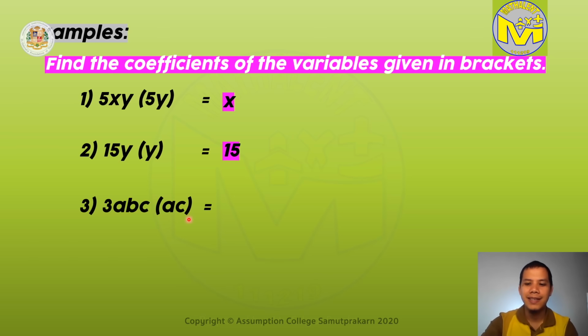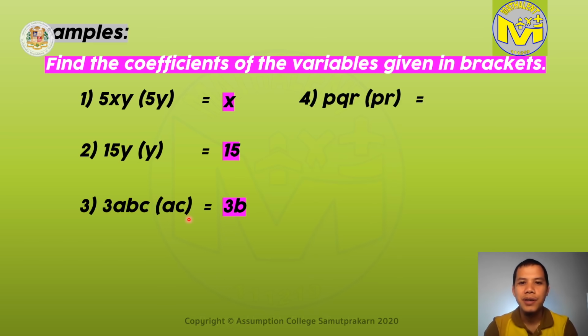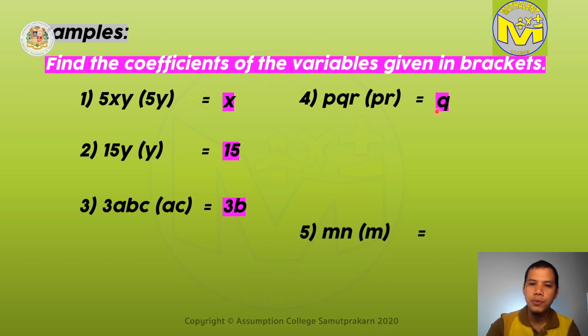Answer, it is 3b. Good. Number 4, pqr, the variable is pr. In here, p and r. Put pr in the bracket. What is left? q, right? So the coefficient of pr is q.